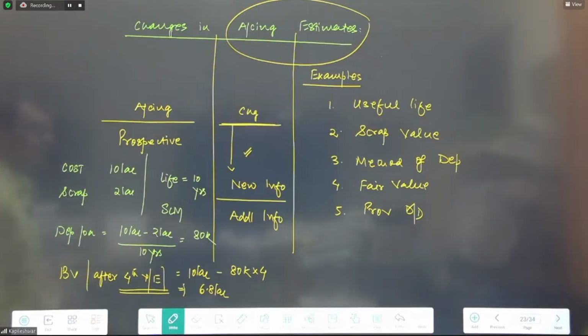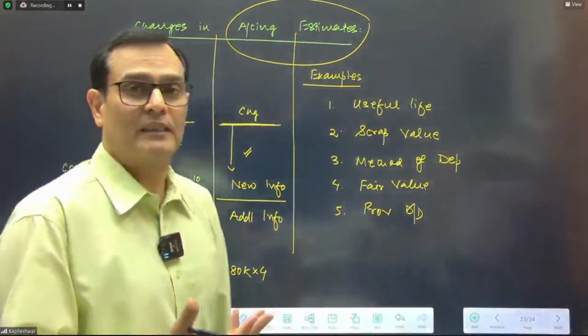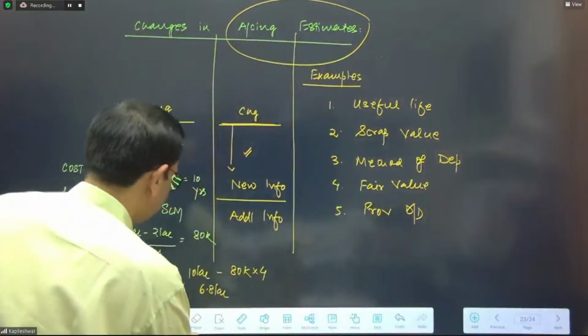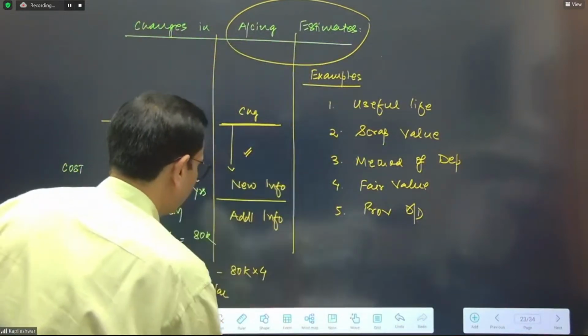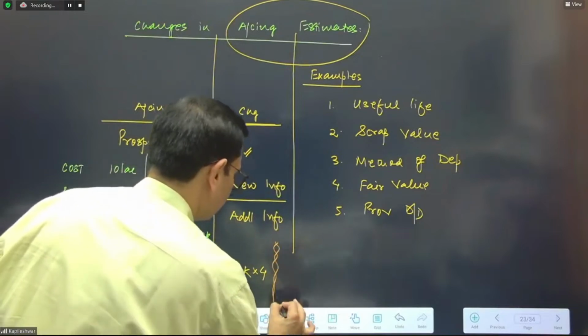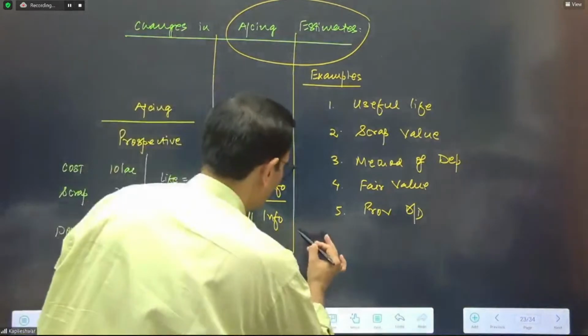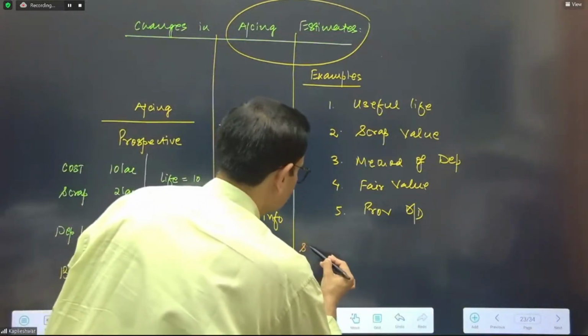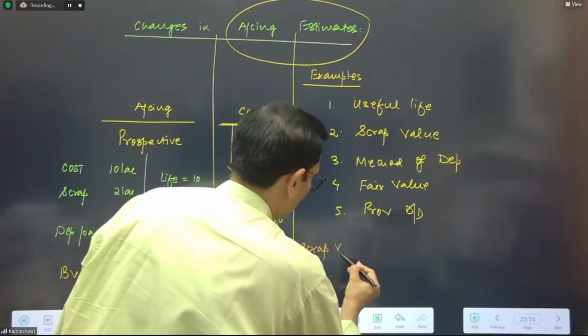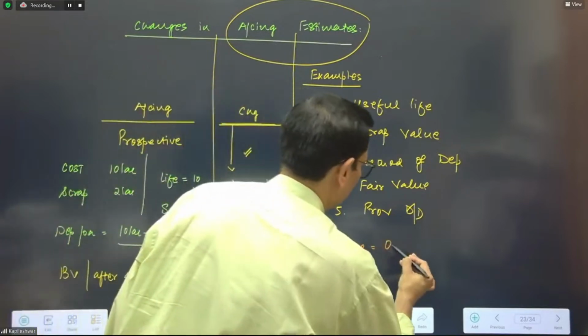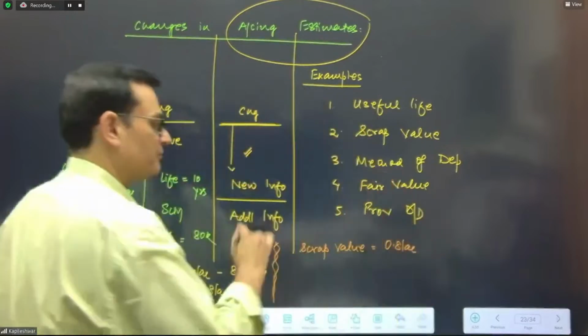Now let me ask you a very simple question, and I think you can easily give me the answer. Let us say at this stage there are changes in the estimation. Now we are considering that the scrap value has become 0.8 lakhs.